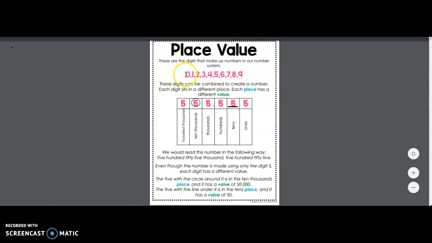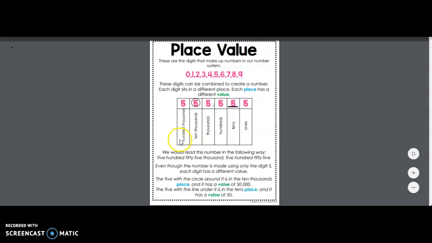For example, the number 798 consists of the digits 7, 9, and 8. So digits are combined to create a number. Each digit sits in a different place, and every place has a different value. So you see this place value chart down here.